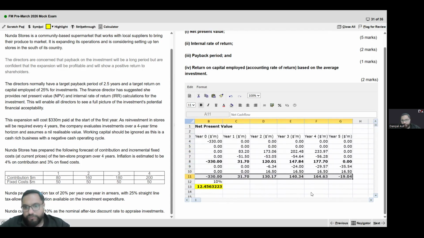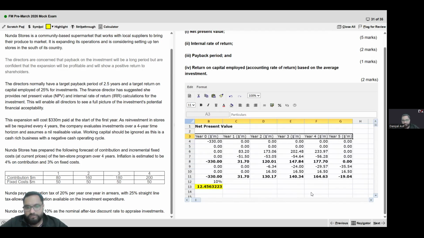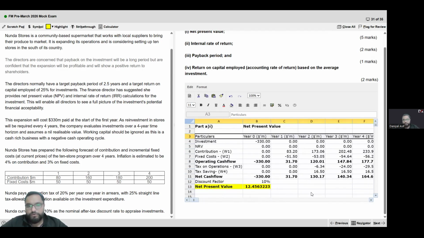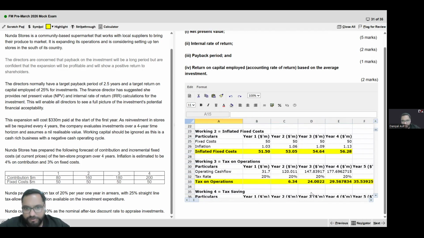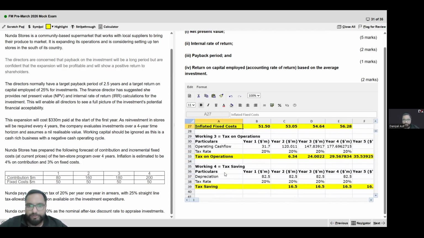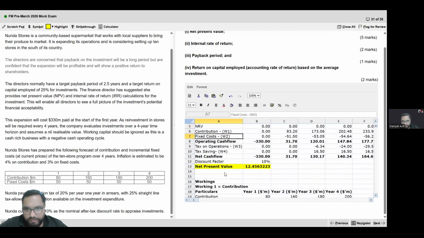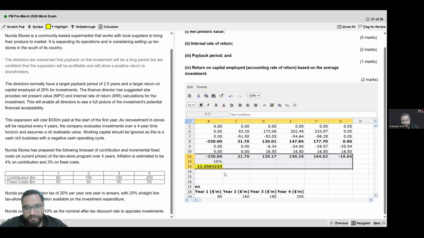You're going to copy this first row, Control C, and paste it in your part A2 here, and copy this line: net cash flow, your discount factor, and your NPV.